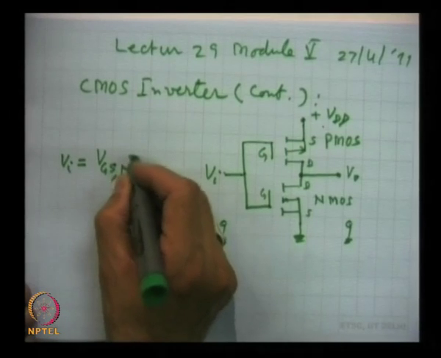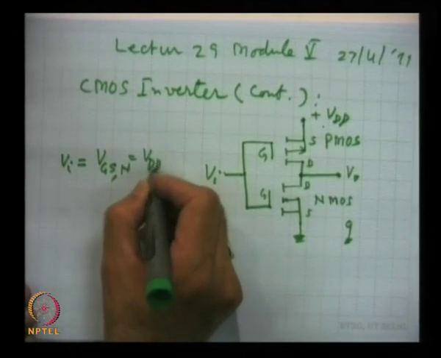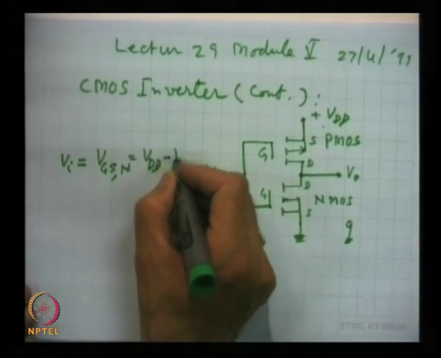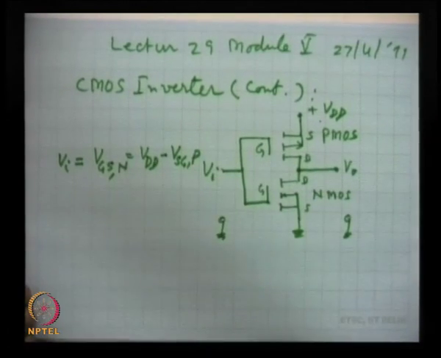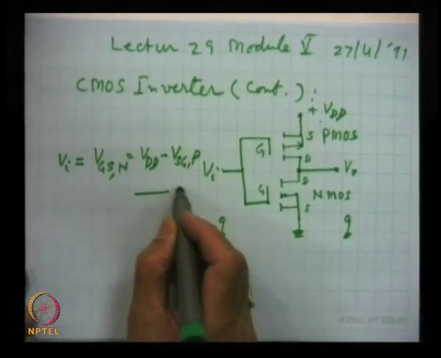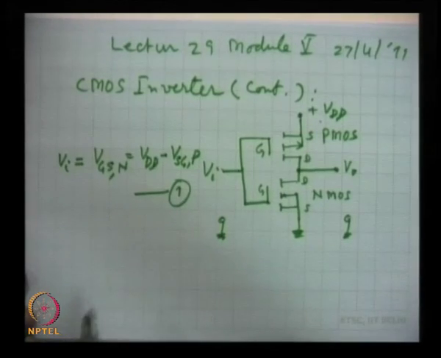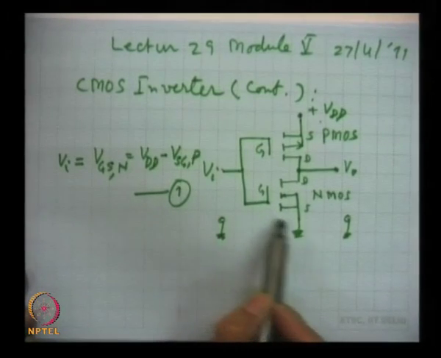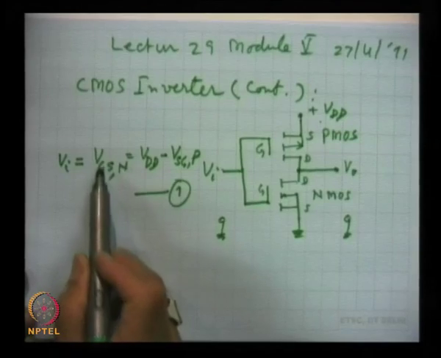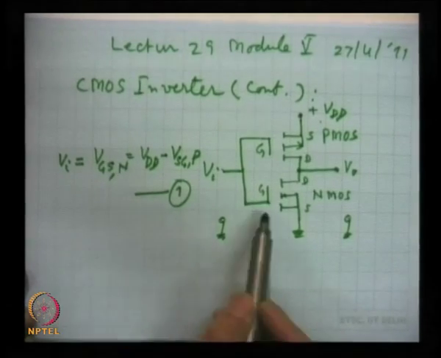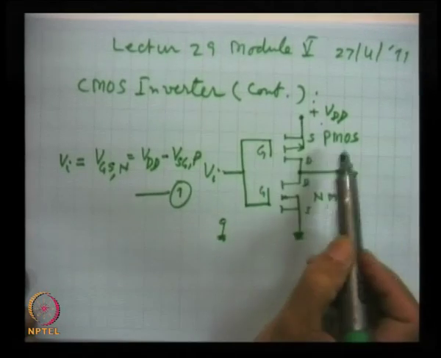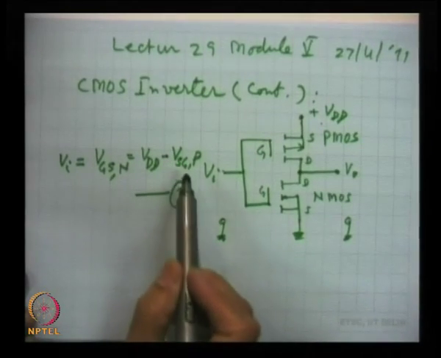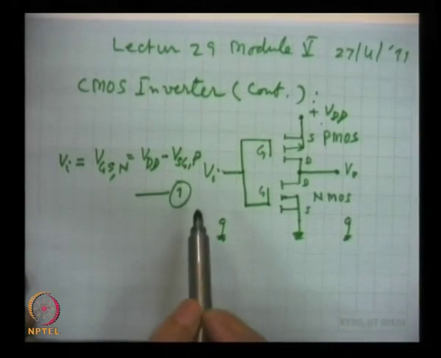This is equal to VDD minus VSGP. This is equation 1. Input is equal to this voltage, which is VGSN, and that is also equal to VDD minus this voltage, that is VSGP.